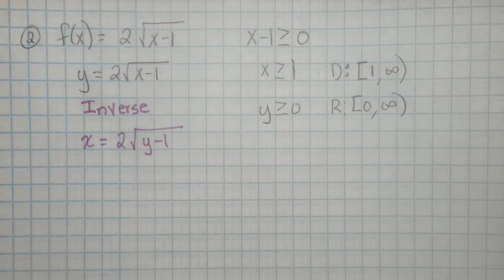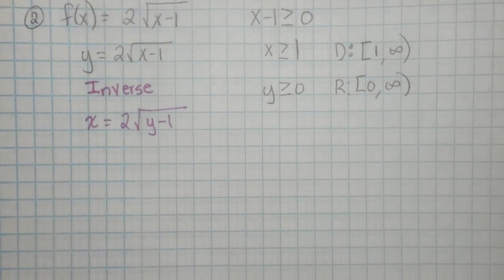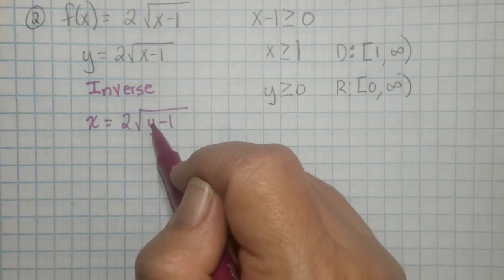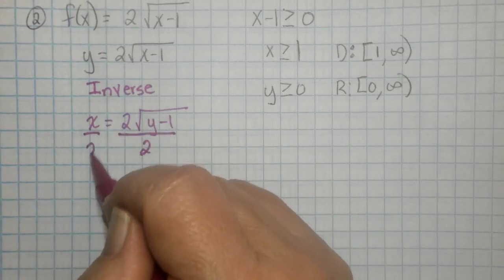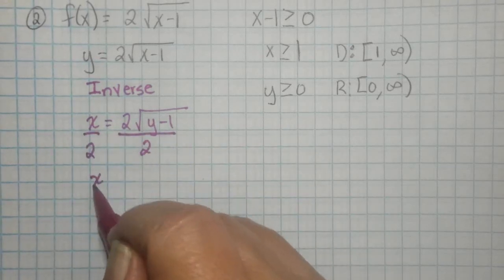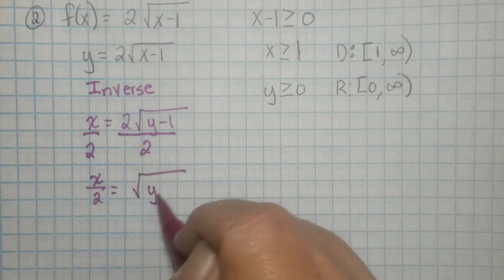So once I've made that exchange of variables, the equation I am working with is now the inverse equation. So I want to get y by itself. So I'm going to divide by 2. And I'll have x divided by 2 equals the square root of y minus 1.